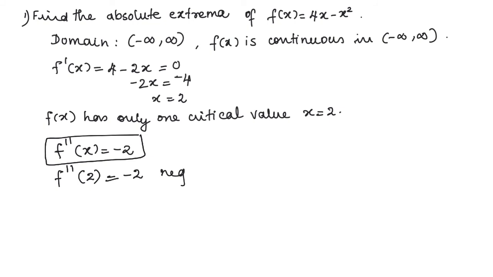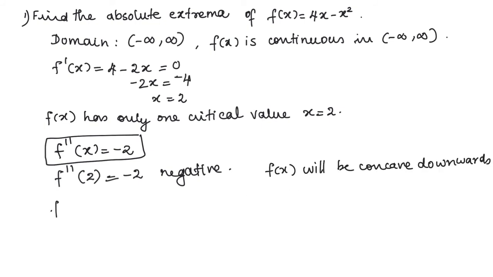So f double prime at the critical value is a negative number. If it is a negative number, it will always be concave downwards, and f of 2 will be the maximum.